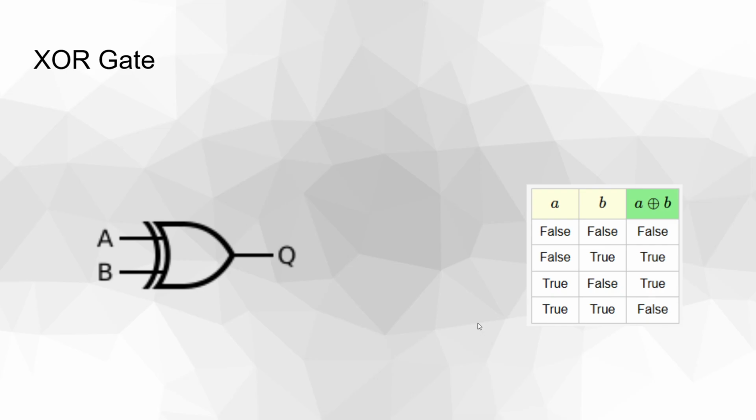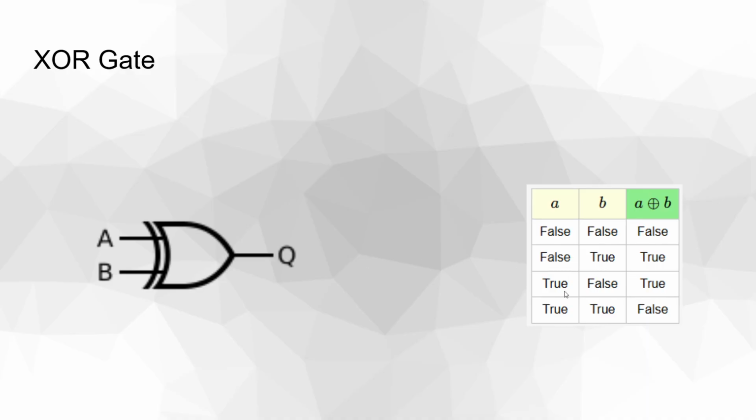Next we have the XOR gate. This one's quite a bit more complicated. It's similar to the OR gate in terms of symbol, but it has an extra line here on the back end. The difference for an XOR gate is that it has two inputs, and if they're both true or both false, the output is false. So basically, one or the other has to be true, otherwise it is false.